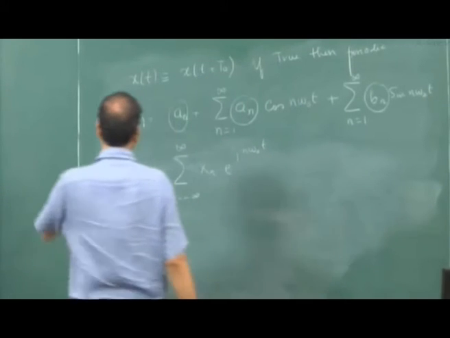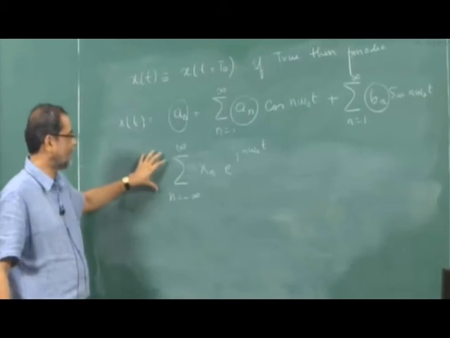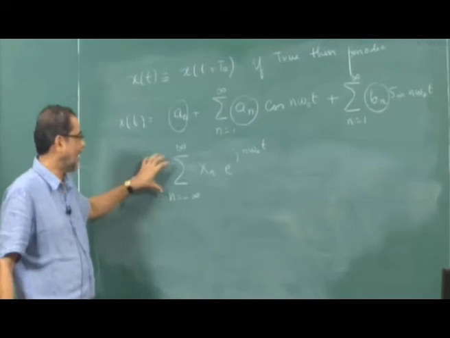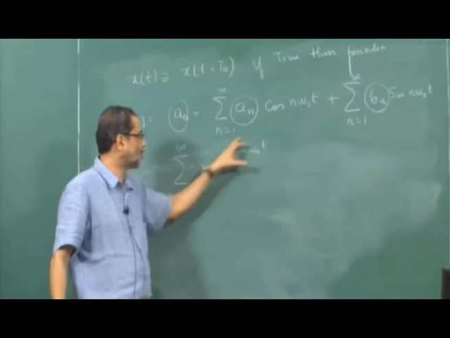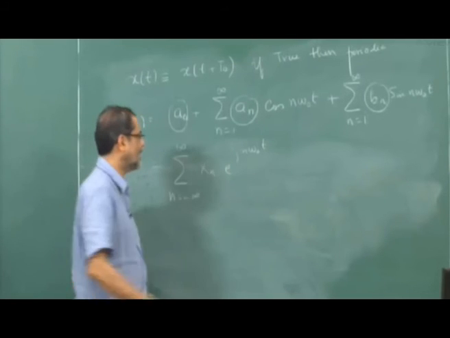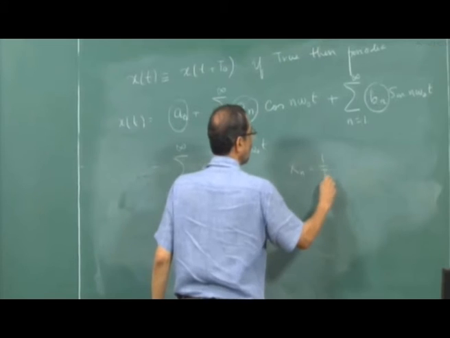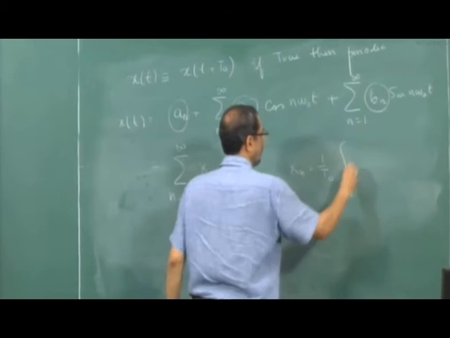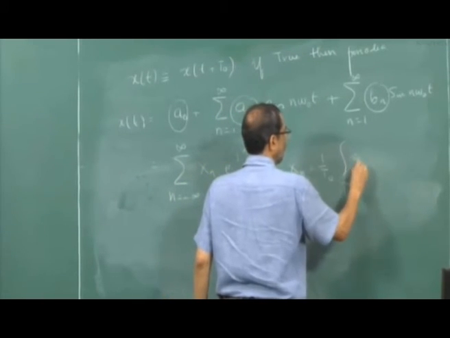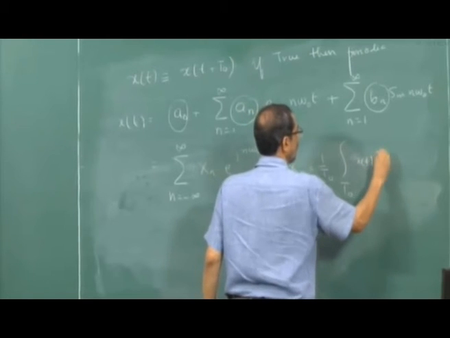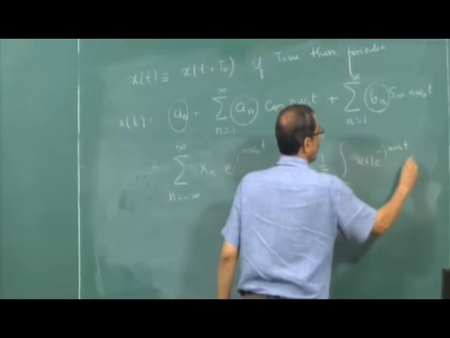So the basic form is this, but I can write it in this form, and by using the orthogonal properties of this, the nice thing is xn is 1 by t naught integral of x of t e raised to minus j n omega naught t dt.